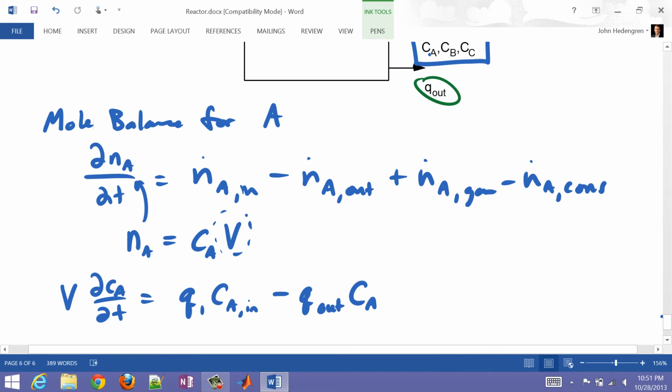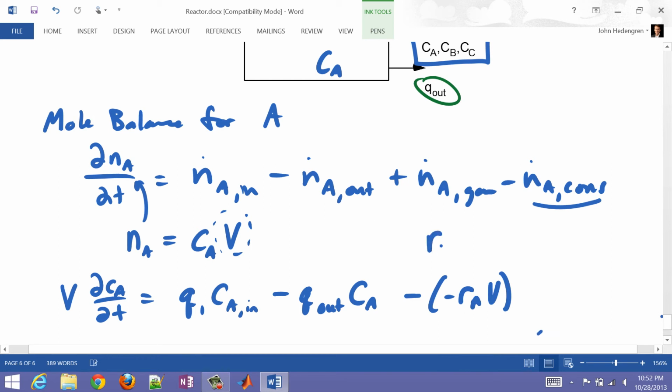It's well mixed, so the concentration out is the same as the concentration inside this tank. And then we have generation. There's no generation occurring. It's an irreversible reaction, so for consumption of A, we do have a reaction rate of consumption. This is actually going to be negative, and then minus reaction rate times volume.